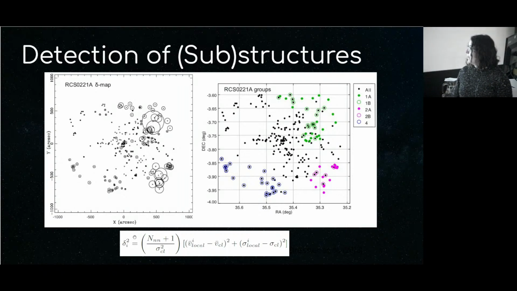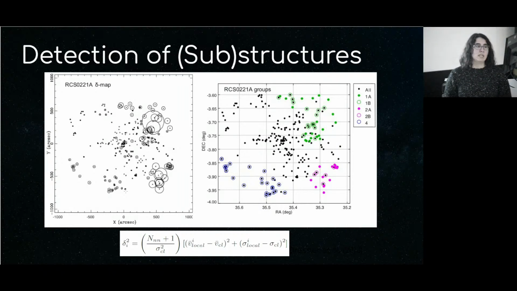The original Dressler-Shectman test gives us a parameter named delta that is a weight or a probability that indicates the probability of a galaxy belonging to a substructure. A high value of delta corresponds to a high probability that the galaxy belongs to a substructure. However, this test doesn't assign galaxies to a single substructure.